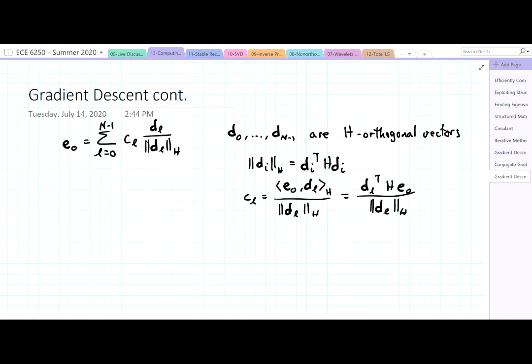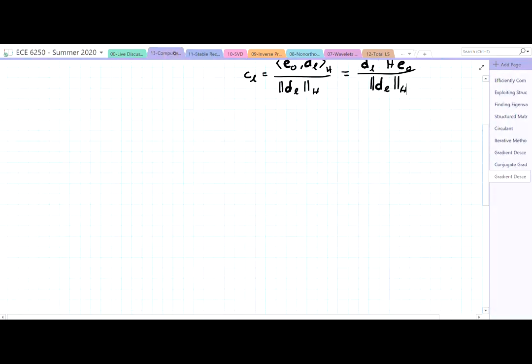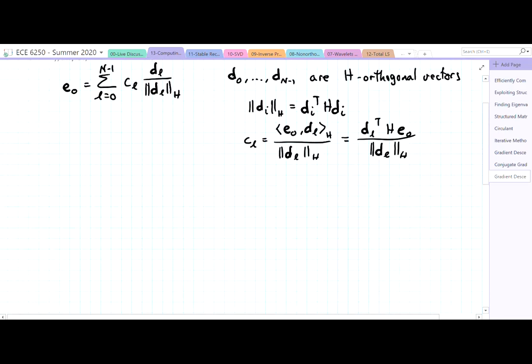It turns out that we couldn't actually implement this because we don't know E naught. However, we can, in fact, solve problems with conjugate gradient descents anyway. The PDF notes talk more about it. But I'm going to summarize the results right here and discuss them a little bit, and then if you want to see the proof, you can go back to our notes.